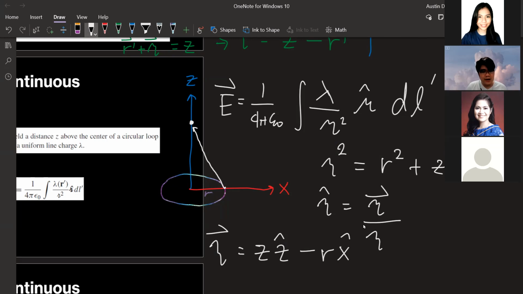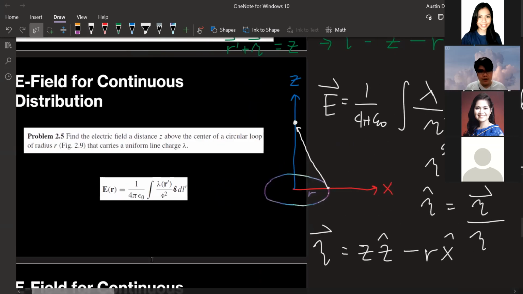Dahil kapag umikot ka sa ring mo, pagkaabot mo dito sa part na to, magkakaroon ka ng electric field na pa ganun. Okay? And this part cancels out with this guy.